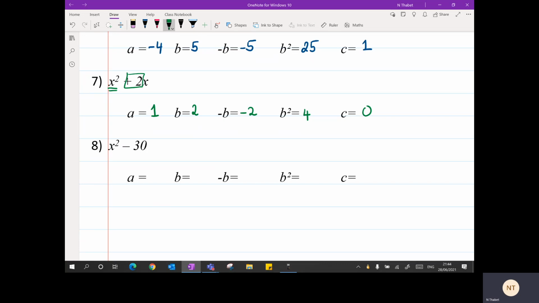And for 8, the coefficient of x squared is 1, so a is 1. There is no x term, so b is 0, minus b is 0, b squared is 0, and c is the constant term, which is -30.